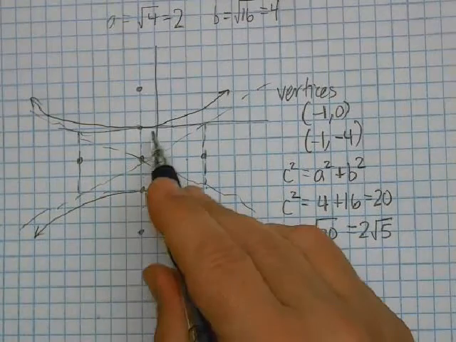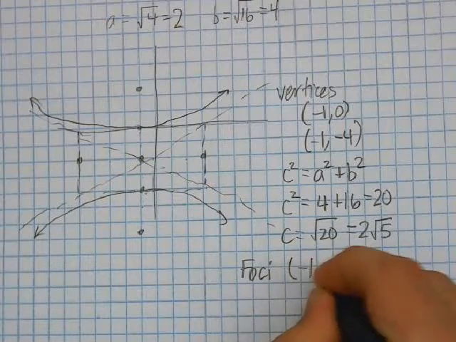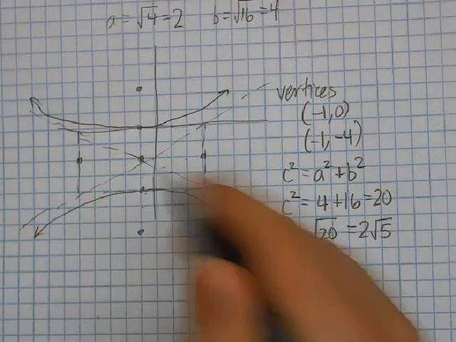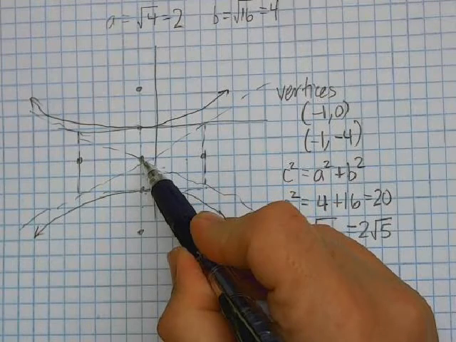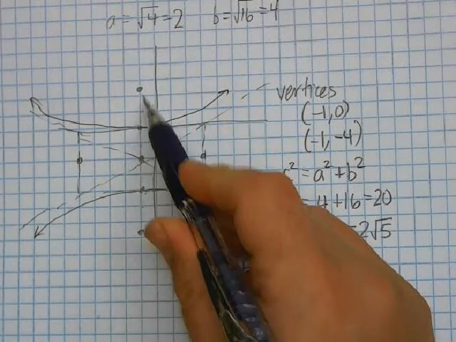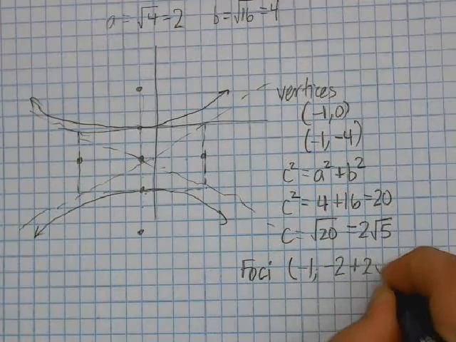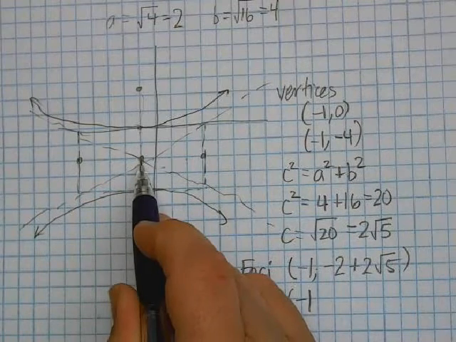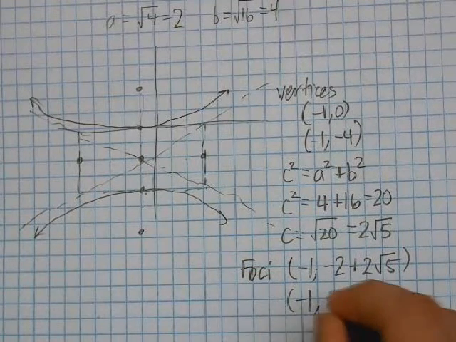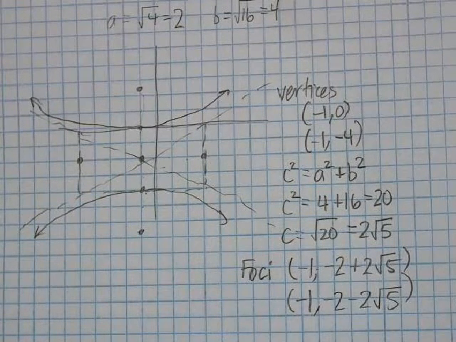So my foci are going to be at -1, then we start at -2, and we're adding 2 radical 5 units. And then same thing here, but then we're subtracting 2 radical 5 units. And those are the foci.